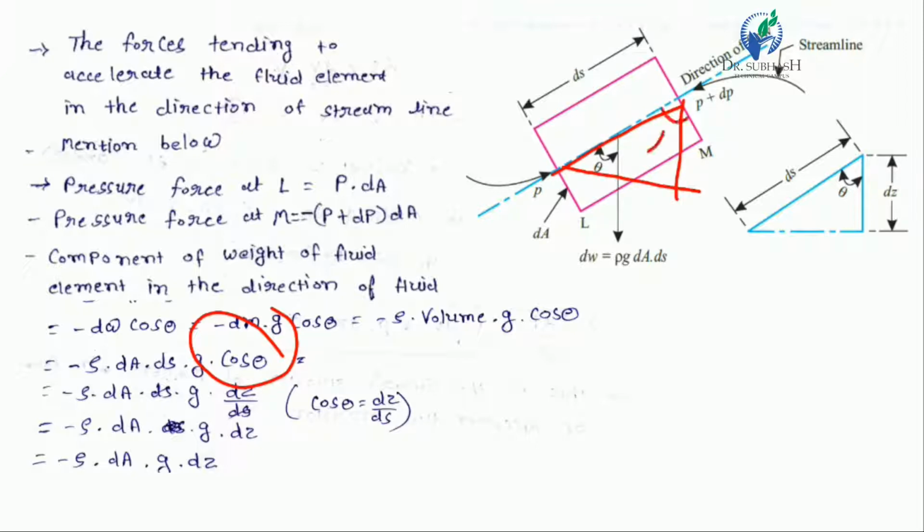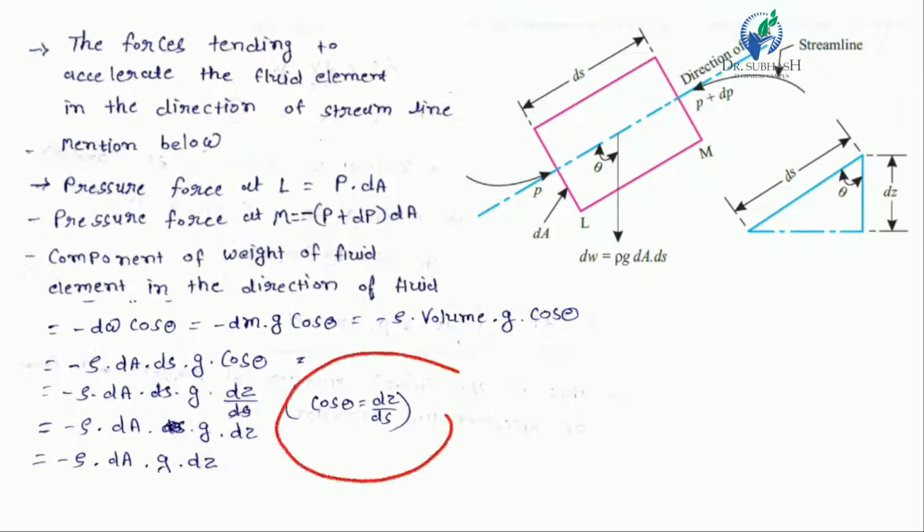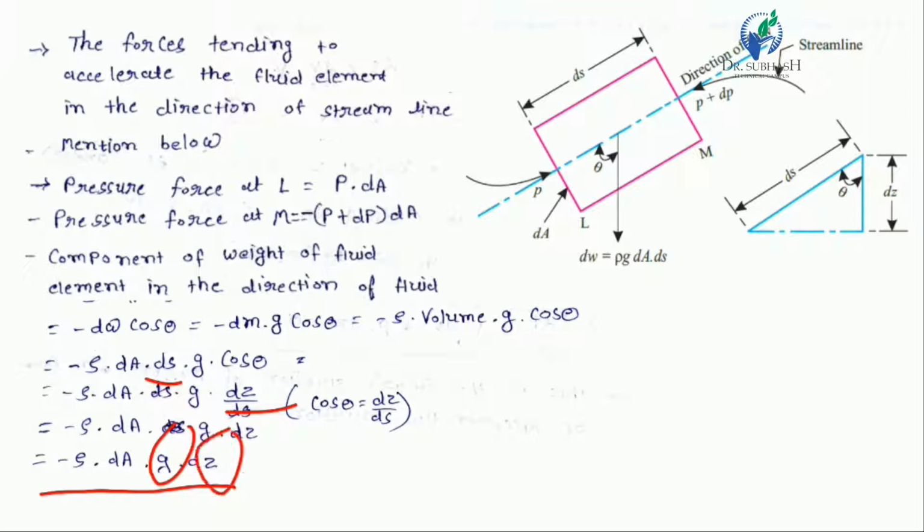This is the theta mentioned in the figure. So cos theta is equal to the nearby side upon hypotenuse, so dz upon ds. Putting this in the equation, ds cancels, and there remains negative rho dA g dz.